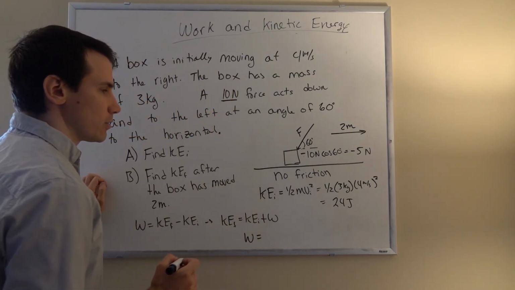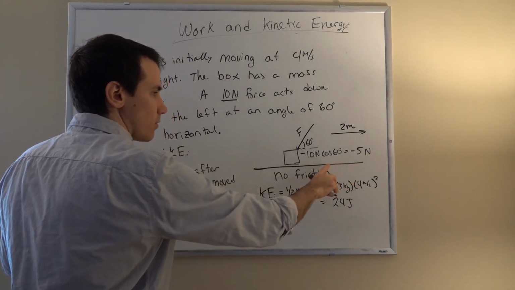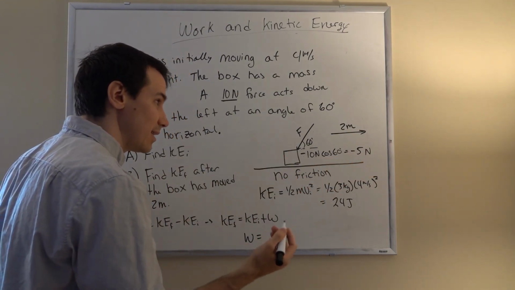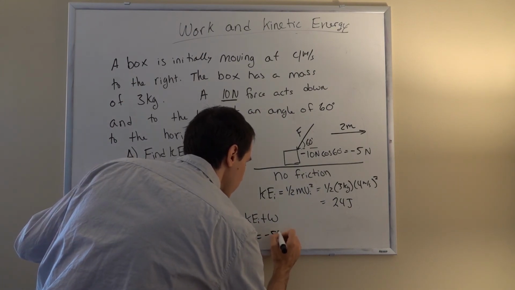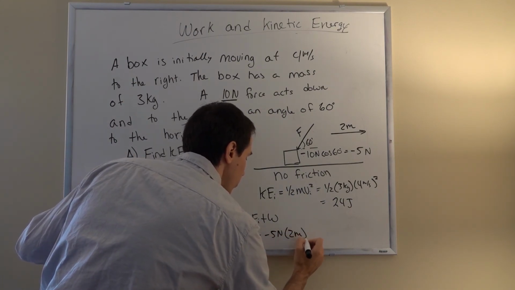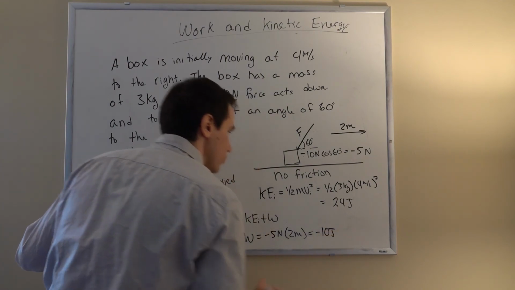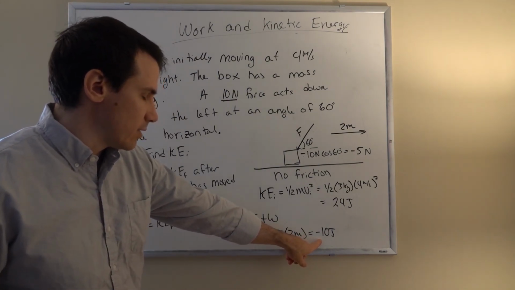Okay, so my work is going to be equal to the x component, right? So this is my x component of my force, the part of my force that points in the direction of my displacement. So it's negative 5 newtons multiplied by 2 meters, which is negative 10 joules. So I know my work, negative 10 joules.